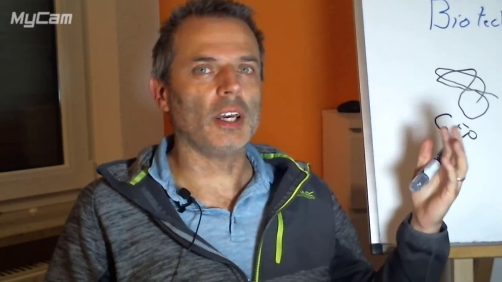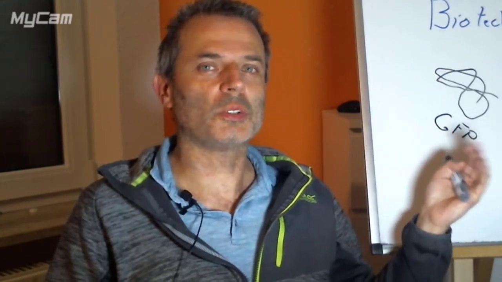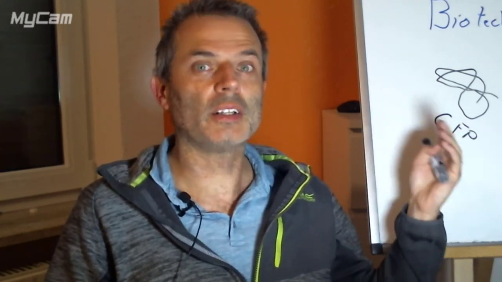But we would like to take a shortcut, and we would like to do that in a biology way, which means we would like to use as many possible biological systems as we can to make it as easy as possible, because otherwise it's going to take a very long time.